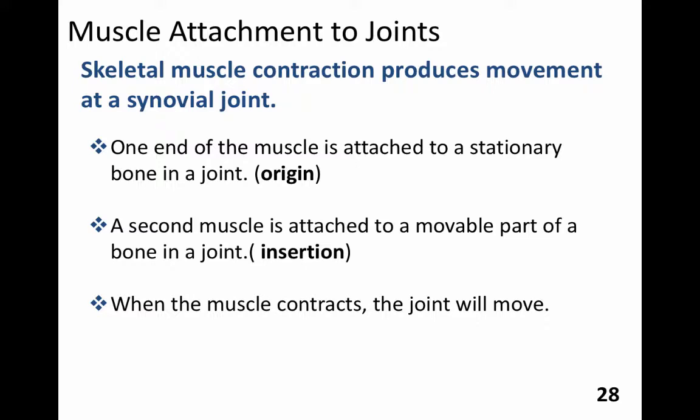Now, how this moves is that one end of the muscle is always attached to what's known as a stationary bone in a joint. So where that muscle is attached, that doesn't move, that's known as an origin. And then there's also a second muscle that's attached to a movable part of the bone in a joint. And so that is what's known as an insertion.